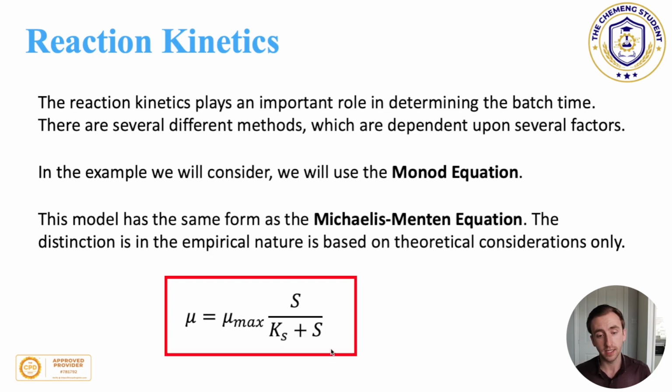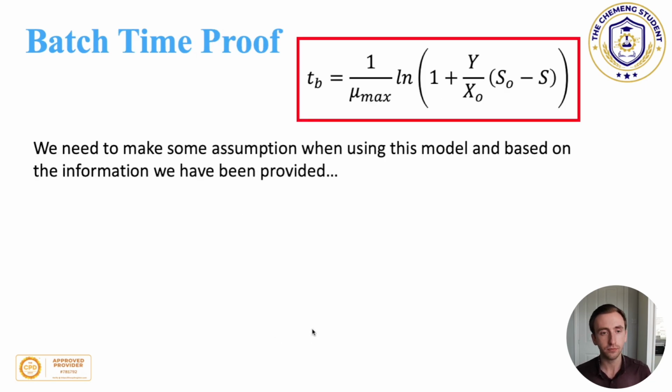But ultimately this is the kinetic equation that we're going to use. And this is our growth rate is equal to our maximum growth rate multiplied by the substrate concentration divided by the substrate affinity constant plus the substrate concentration again.